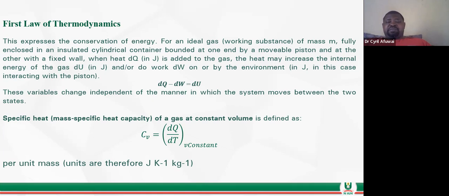Specific heat of a gas at constant volume is defined as C_V equals the change in heat over the change in temperature, and all this takes place at constant volume. Per unit mass, the units are therefore joules per kilogram per Kelvin.